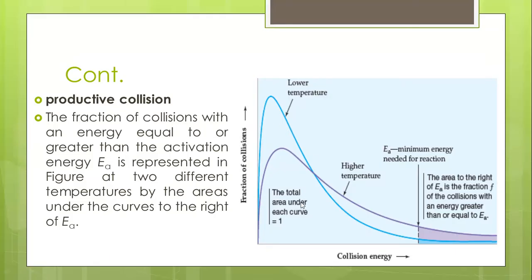This is the graph between fraction of collisions and collision energy at different temperatures. The EA is the activation energy at higher temperature and lower temperature. This line represents EA.